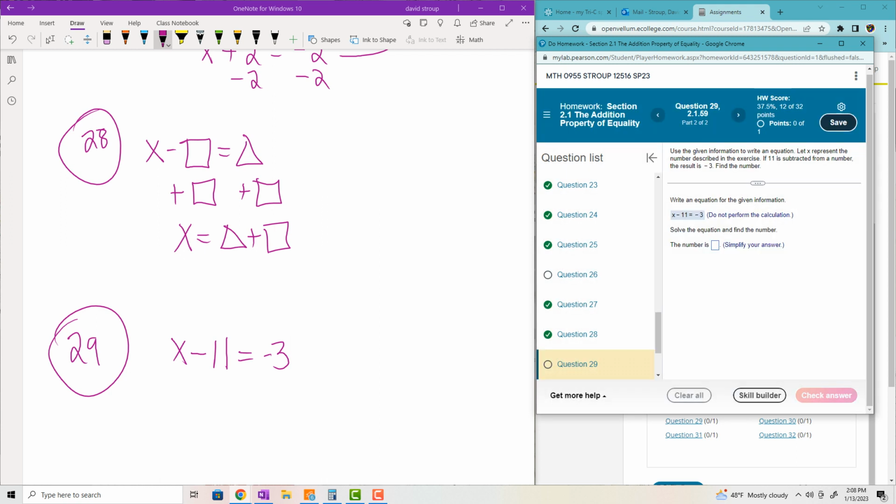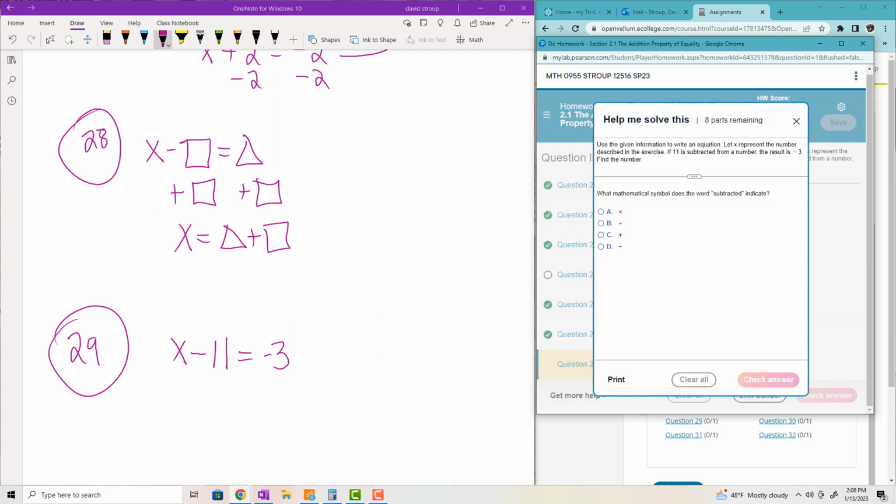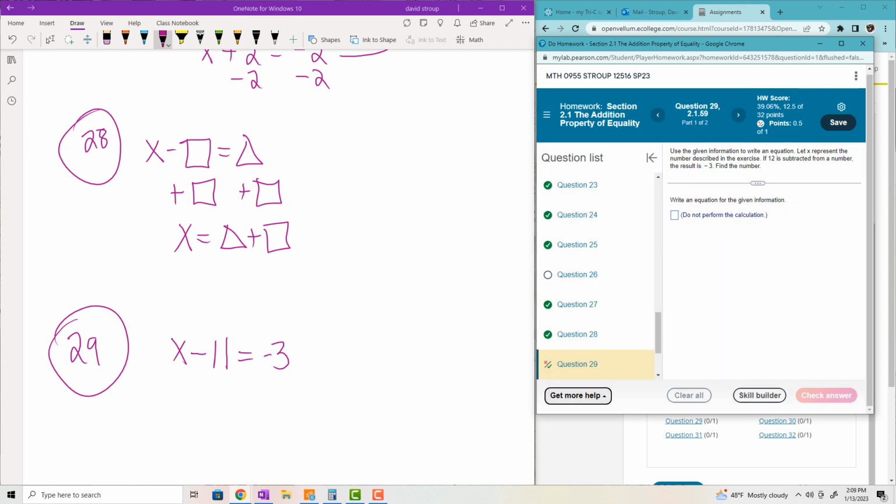And if you don't get it, there's a lot of things you could do to help. I would go to the book. If you have a lot of trouble, I always went to the book, because we didn't have software back in my day. But you can go here and hit the help me solve that, and it'll walk you through it. You have to be a little careful if you say ask my instructor, because sometimes it'll get lost in my email.